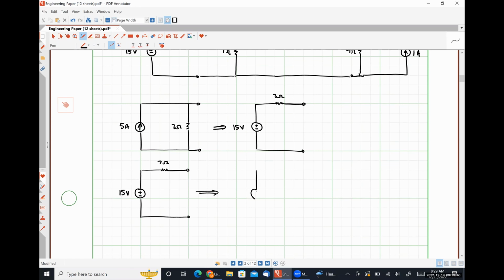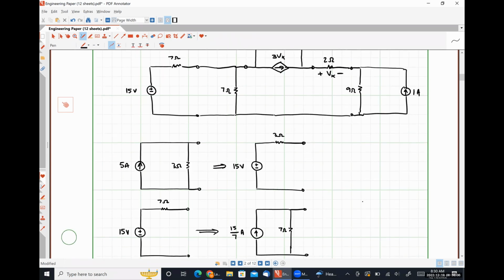Transforms to 15 over 7 amps. In parallel with 7 ohms.